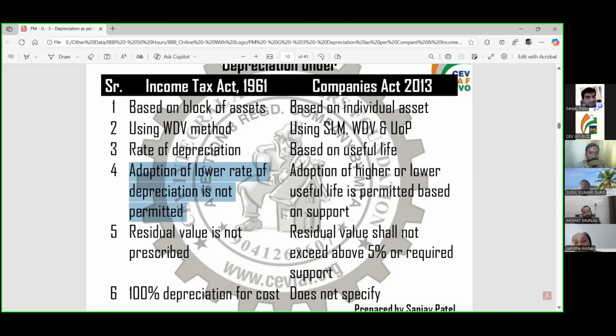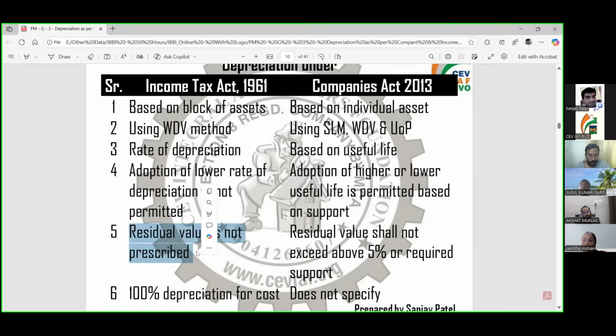Here, adoption of a higher rate or lower useful life is permitted based on support. You can choose a higher or lower useful life of the asset than prescribed in the Company Act, but you have to give the justification why you chose it.